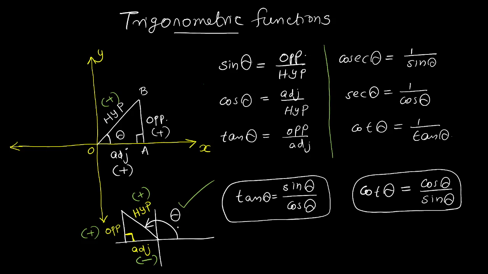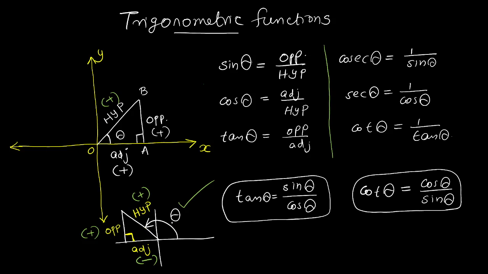For example, for a higher value of theta, the adjacent side may be negative and the opposite side may be positive, so the sign may change. And another point is that trigonometric ratios are not limited to smaller angles, they are defined for higher angles also.